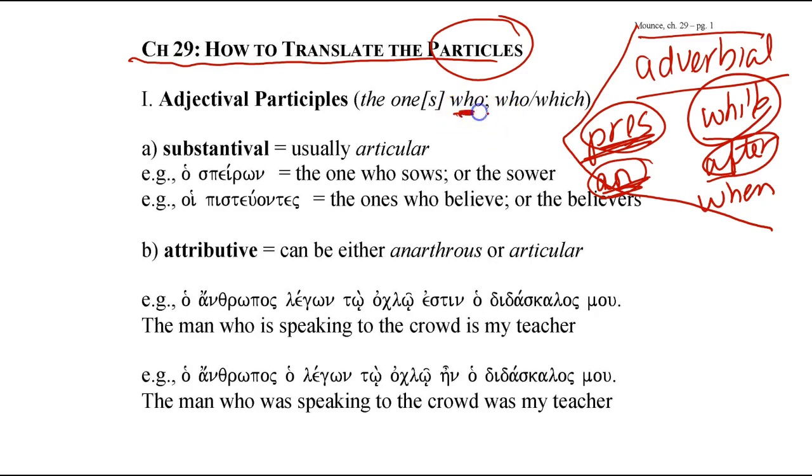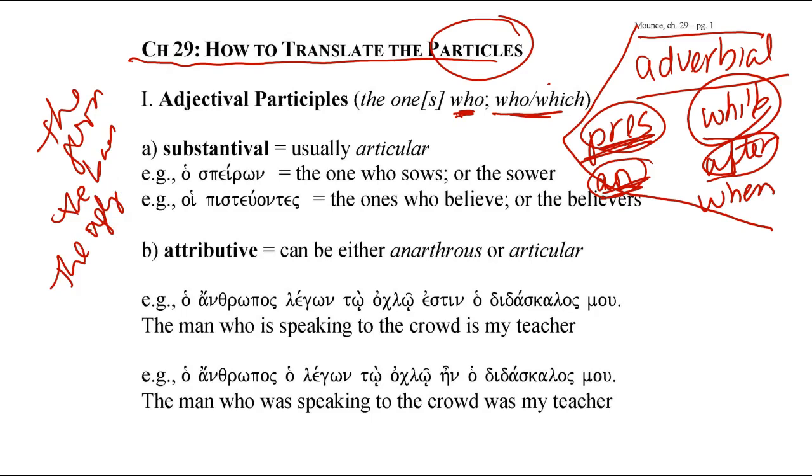We want to use the relative pronouns who and which to translate the participles into a clause that modifies the noun. And if the participle is being used as a noun, like the good, the bad, and the ugly, remember how adjectives can be used substantively as nouns? Well, participles can do the same thing.